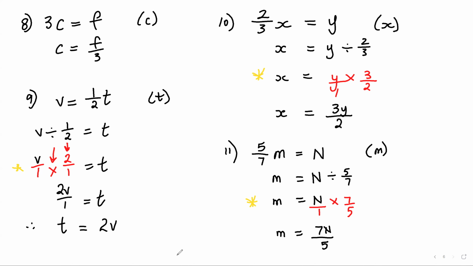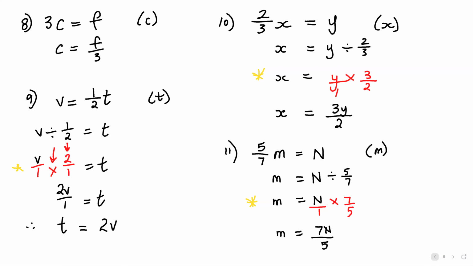Okay, and then the next one is, this is question 12. Say I had something like L is equal to M over K, and I want to make M the subject.